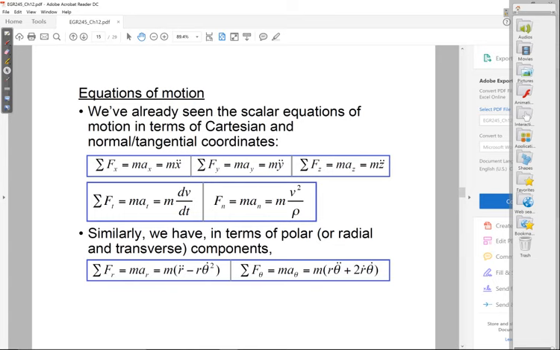So these are our equations of motion, and we can now apply these to a variety of different problems dealing with Newton's second law and forces acting on objects. Let's go ahead and work out a couple of examples. Let me go back here, and we will start going through some examples.